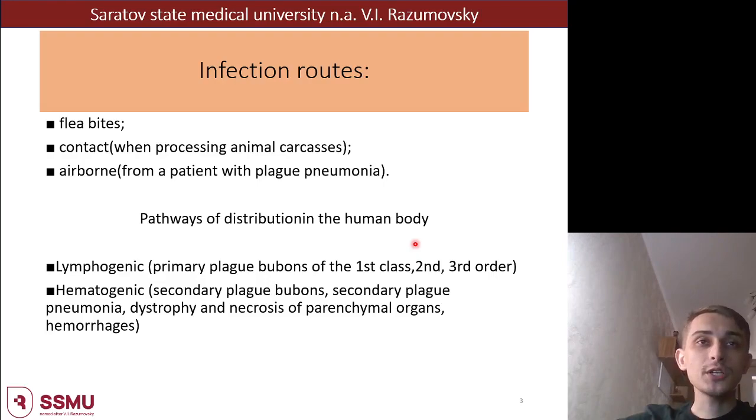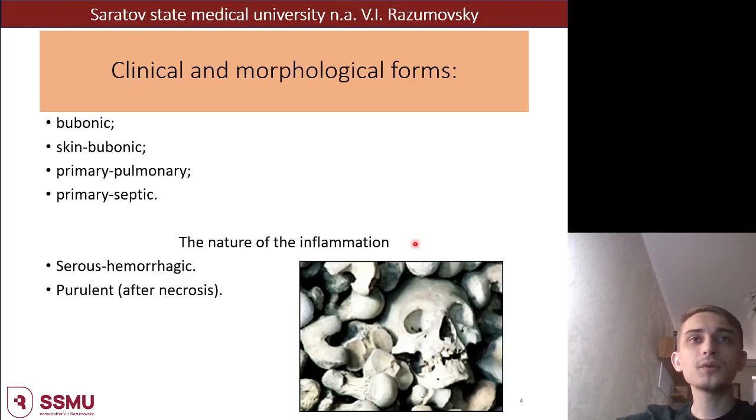And hematogenic spreading of the infection is associated with formation of secondary buboes, secondary plague pneumonia, dystrophy, and necrosis in all internal organs, hemorrhages, and sometimes it may lead to formation of special plague sepsis. When we talk about plague, we should remember about special clinical and morphological forms of it.